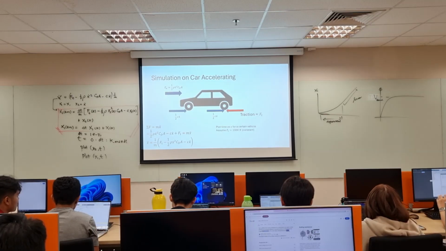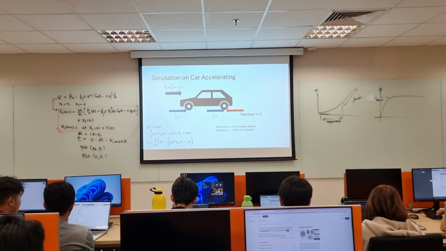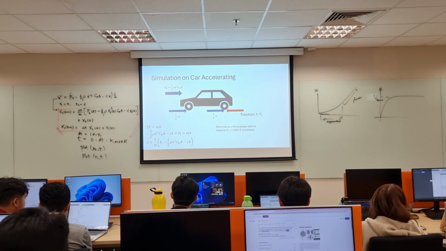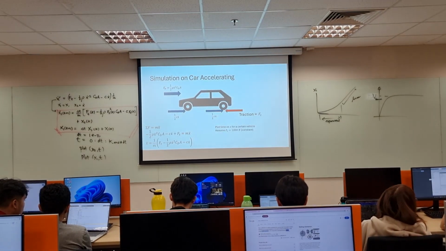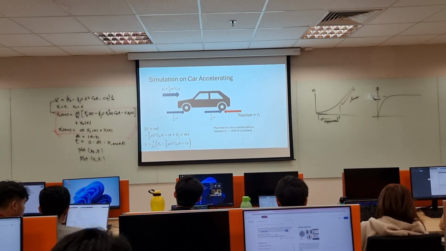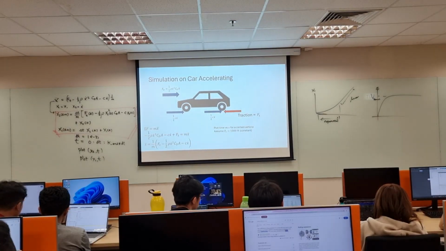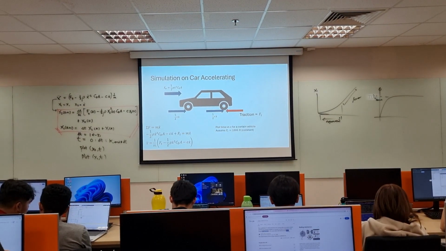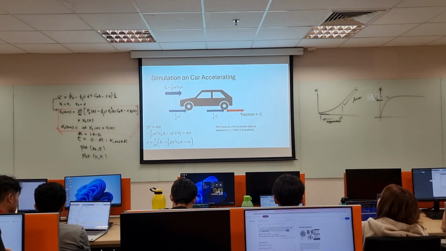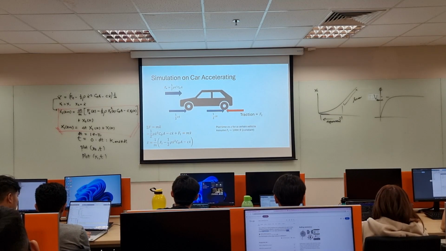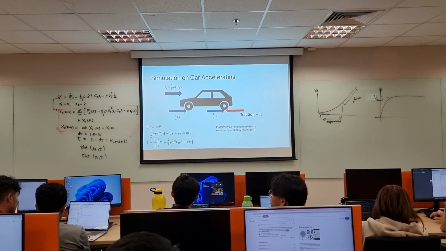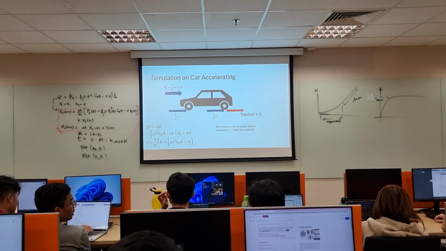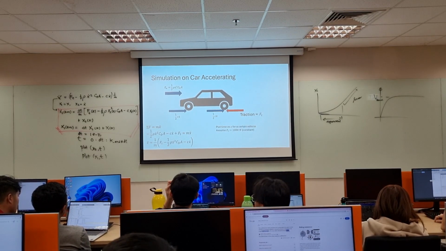Oh, the velocity is still increasing. Something is not right. Why is the velocity still increasing? The velocity, the second one, right? X dot, right. Yeah, the velocity is x2.